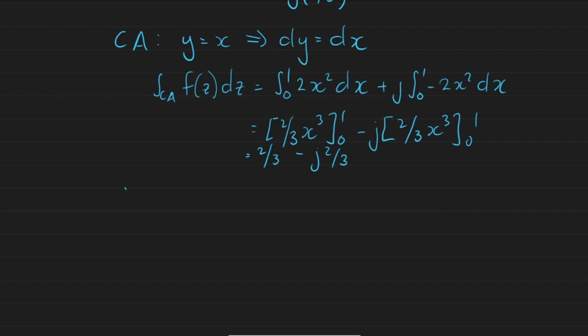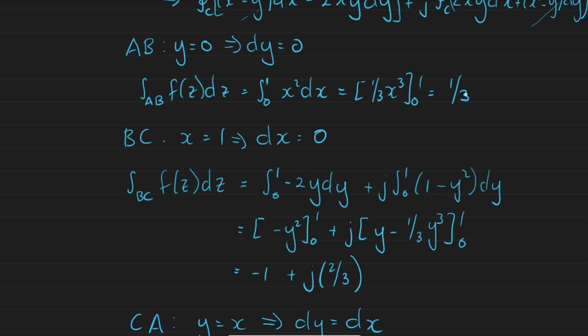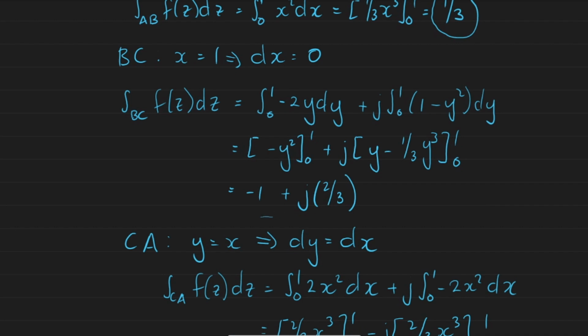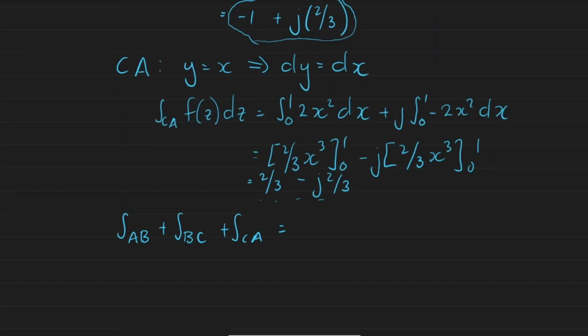So if we now add these integrals, A to B plus the integral from B to C, and then lastly from C to A, then what we're going to get is, well, A to B was 1 over 3, and then B to C was minus 1 plus j times 2 over 3, and finally CA was 2 over 3 minus j times 2 over 3.